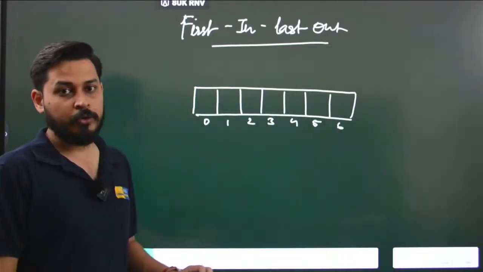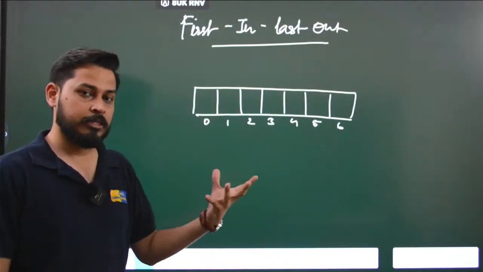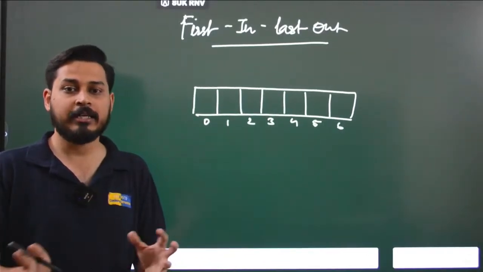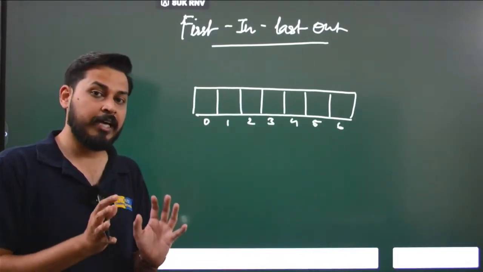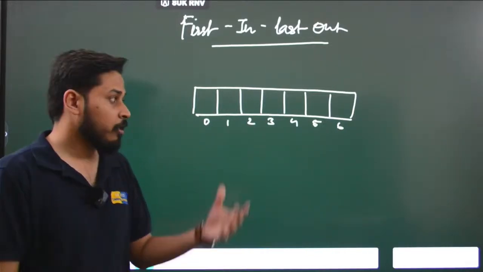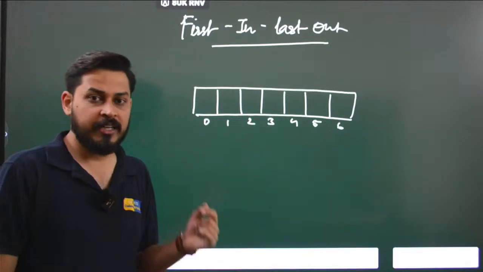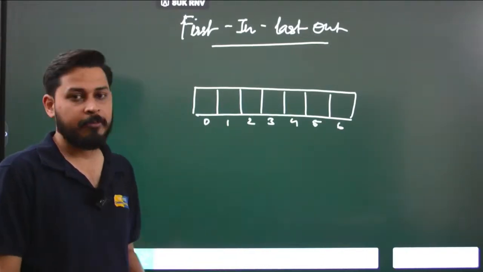Now I want to implement the concept of first in and last out. How to do this? Basically, by default, you don't have a stack data structure on itself. It is dependent upon the other type of predefined collections that we already have in our programming. There can be multiple ways you can implement the stack, but the easiest and the simplest, basic way is going to be your array implementation.